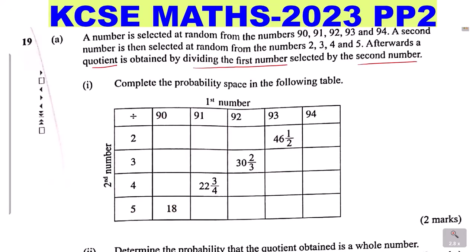So we can now begin with this one, 90 divided by 2, we write the answer there. So 90 divided by 2, you get 45. Then you go to the next, 91 divided by 2, write the answer here. That one will give 45.5.